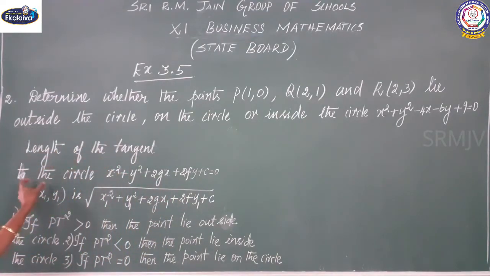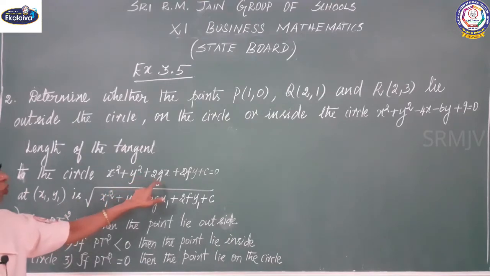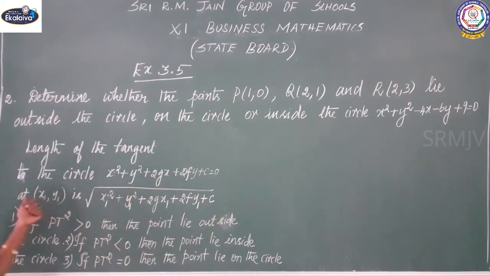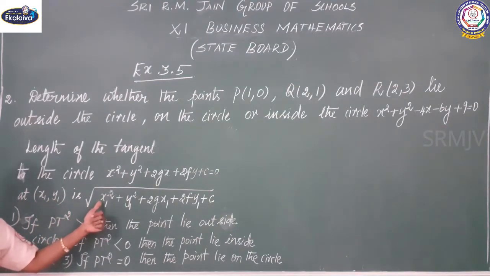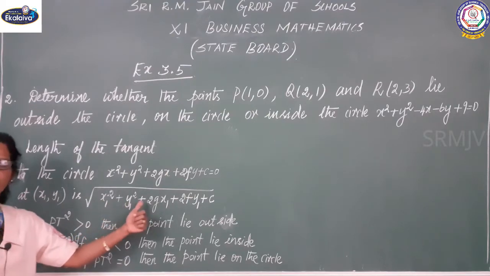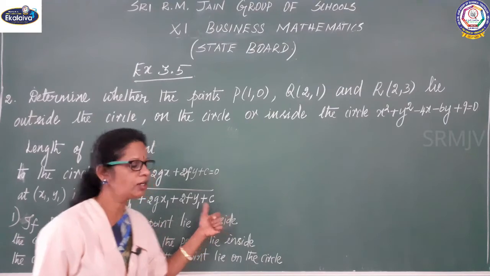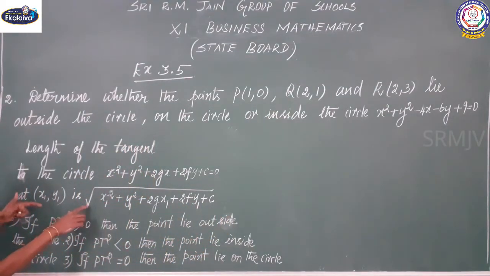Length of the tangent to the circle x square plus y square plus 2gx plus 2fy plus c equal to 0 at x1 comma y1 is square root of x1 square plus y1 square plus 2gx1 plus 2fy1 plus c, right. Here this can be represented as PT. Without the square root, I put PT square.